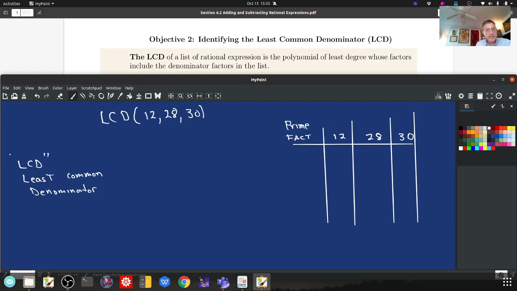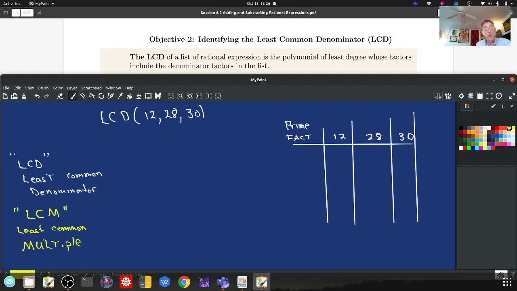The LCD is equivalent to what some other books use as the LCM. They are exactly the same thing, just a different acronym, and that stands for the least common multiple. They are identical.